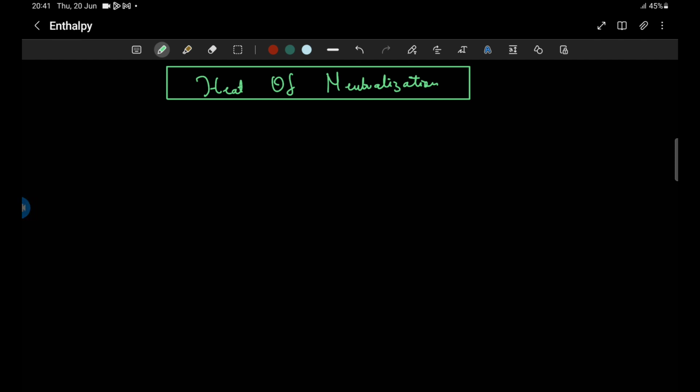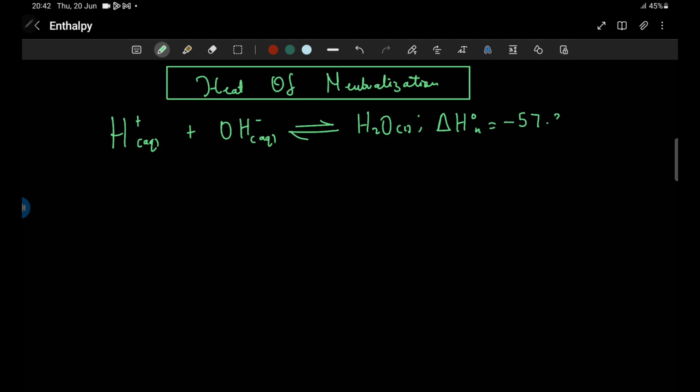The heat of neutralization is the heat liberated when 1 mole of water molecules is formed from an acid-base reaction in an aqueous solution. So, the basic ionic equation is this: hydrogen ions and then hydroxide ions, giving you water, which is liquid, and then the heat of neutralization here is minus 57.3 kilojoules.